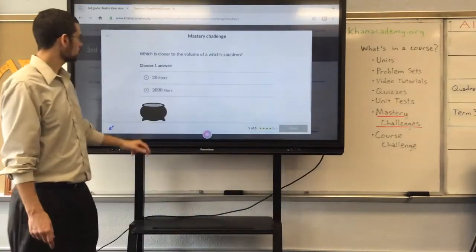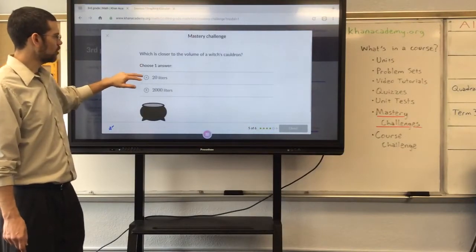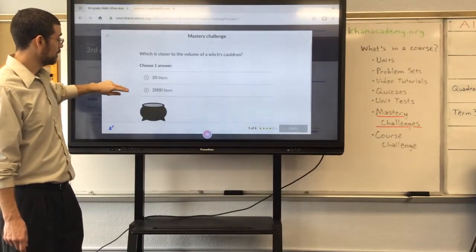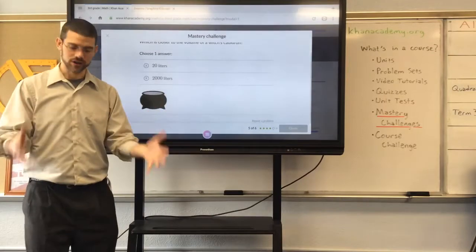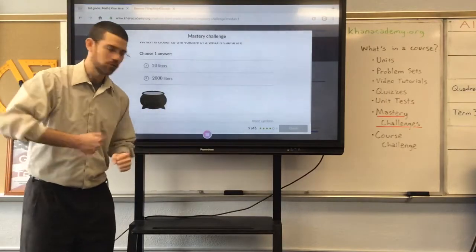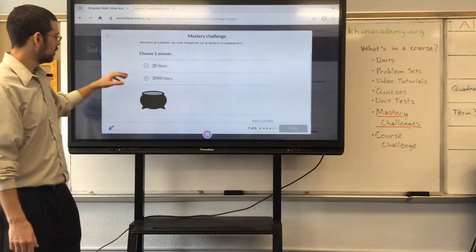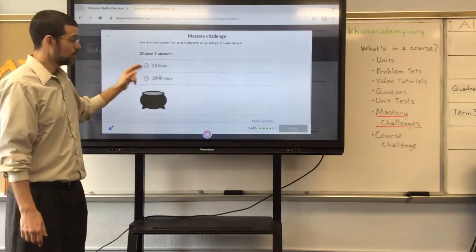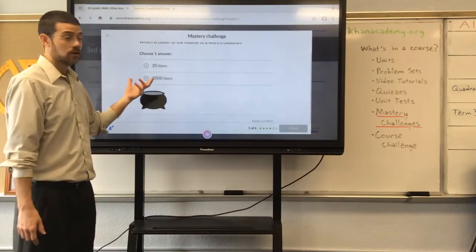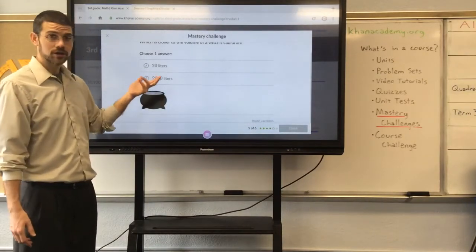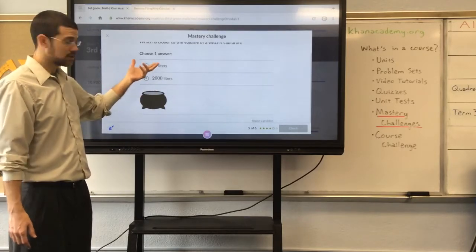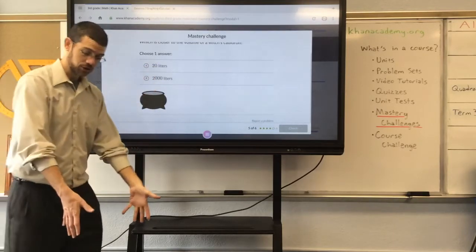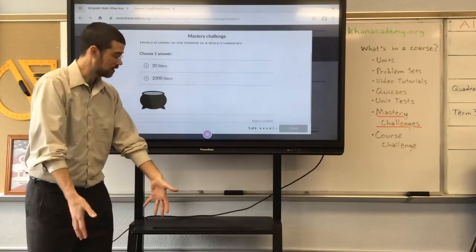Next question. Which is closer to the volume of a witch's cauldron? A witch's cauldron. So she's stirring, right, with the broom. It's a pretty big container. Is it going to be 20 liters, which would be, each liter is a little more than a quarter of a gallon, so that's about 5 gallons. You can picture a 5-gallon bucket would be something like this.